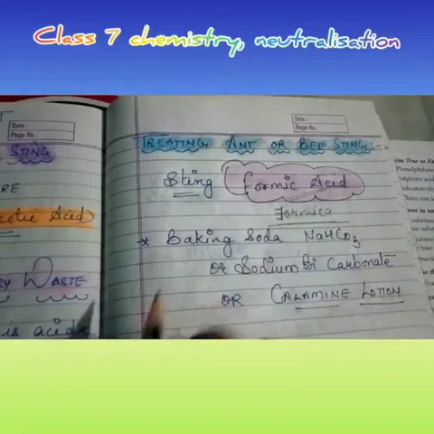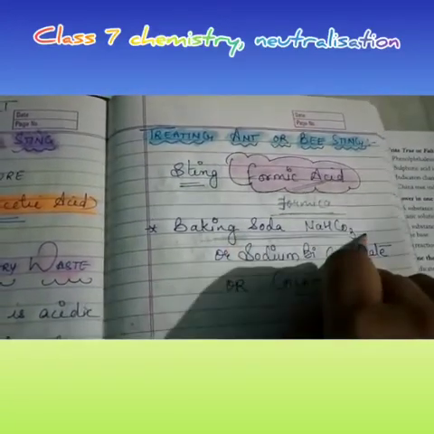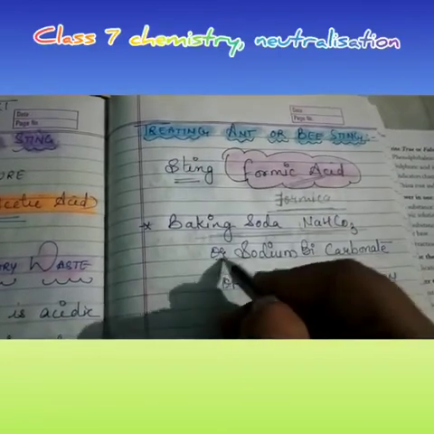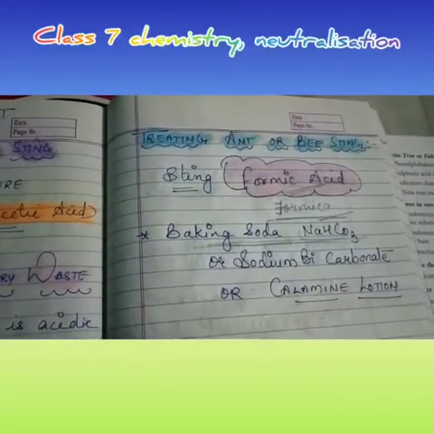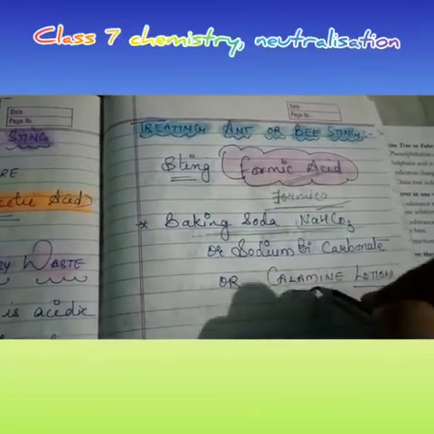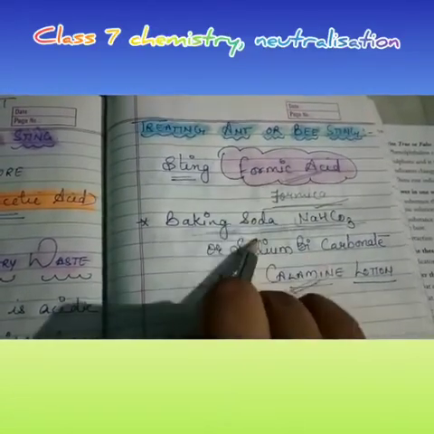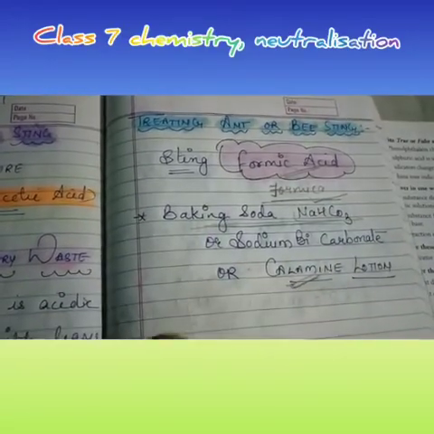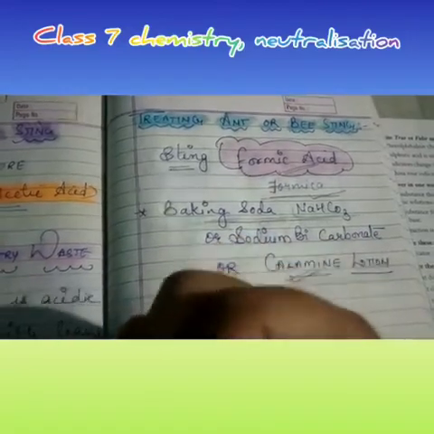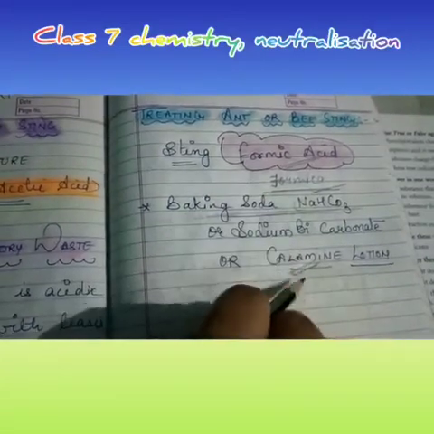Because they contain formic acid, when we rub baking soda, which is always available at our home, sodium bicarbonate, on a place where an ant has bitten using its sting, or when we use calamine lotion, it neutralizes this acid and thus reduces the feeling of itching or pain, or the reddishness. That is reduced when this neutralization takes place. Formic acid is neutralized by sodium bicarbonate or calamine lotion.